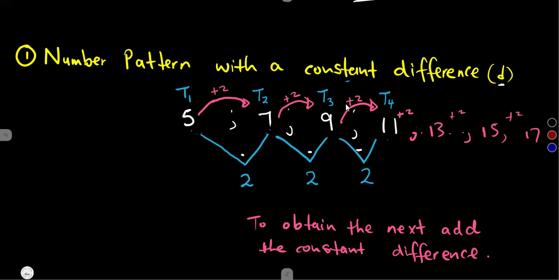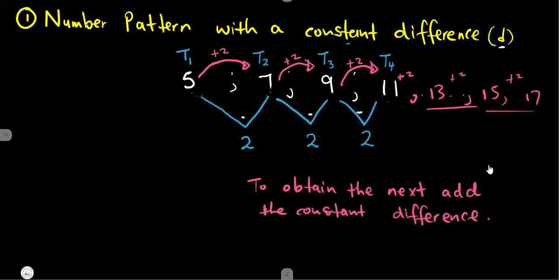So what is it that they're going to ask us? They can ask us to find the next terms. You just have to add what? The constant difference. They can ask us to determine the general rule on this number pattern with a constant difference.